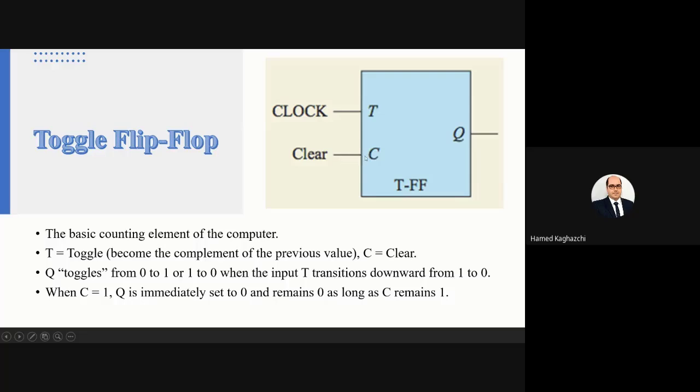Up to C is set to 1. If I set the clear signal, this input, to 1, if C is 1, the Q, the output, is set to 0 and remains at the 0 level, at the low level, as long as C remains at high level. It means that C remains 1.